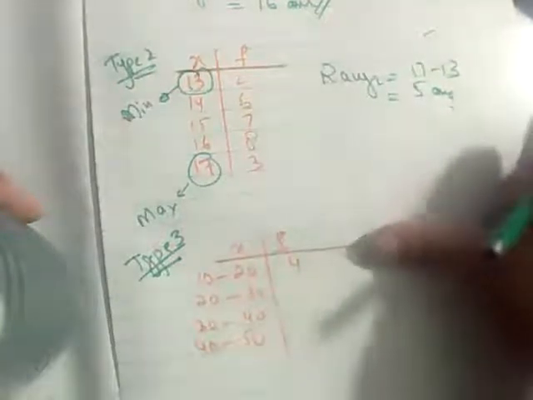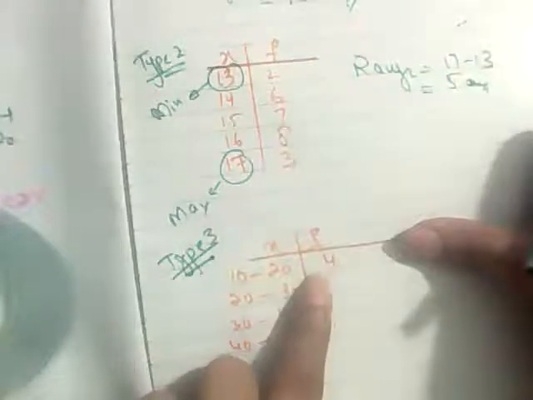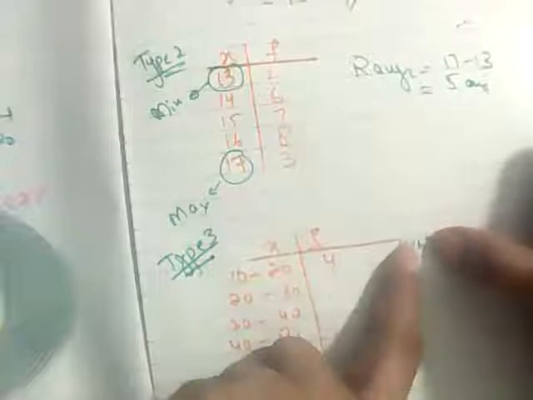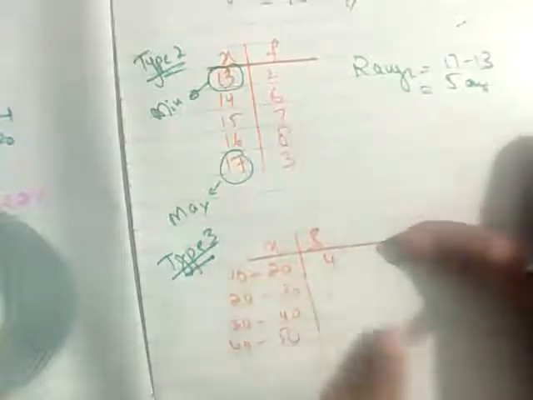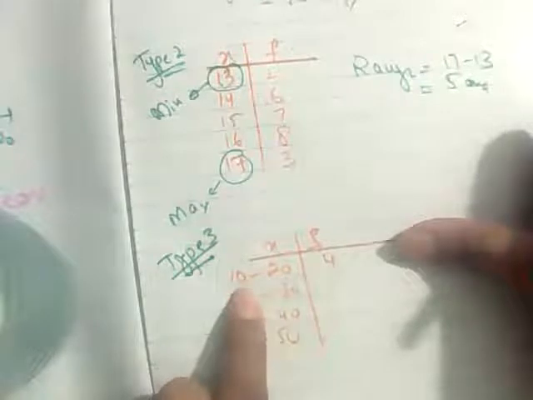But this is the main drawback of grouped data, that we cannot find the exact value. Assuming what the minimum value could be, I don't know, it is actually 16 for example, but it can go down to 10.